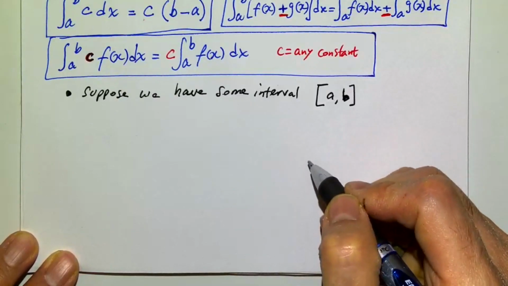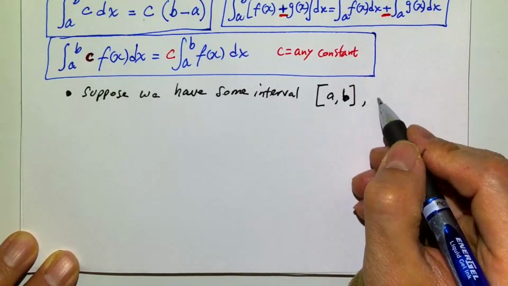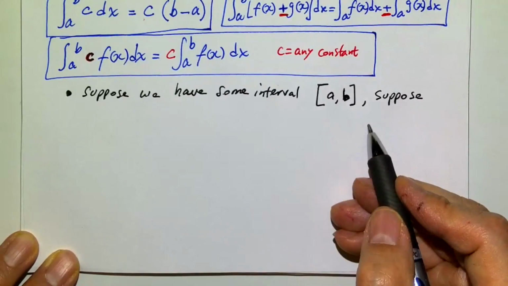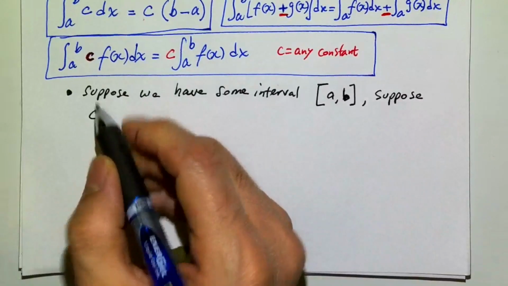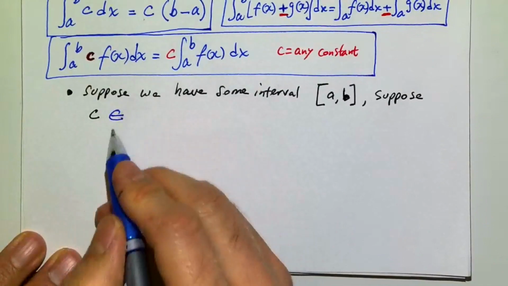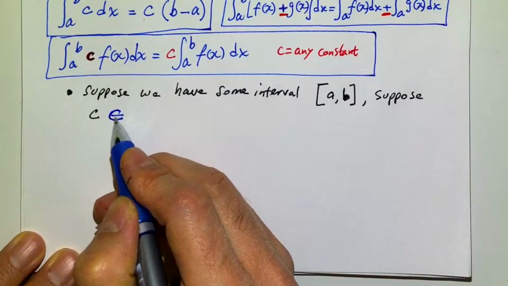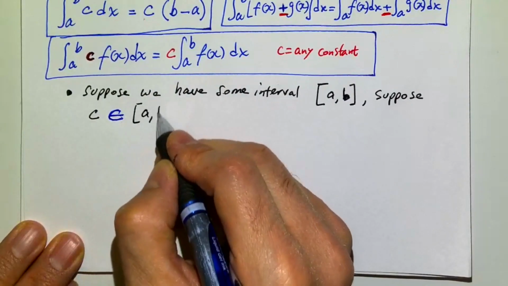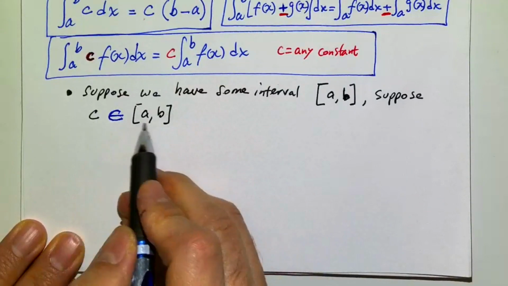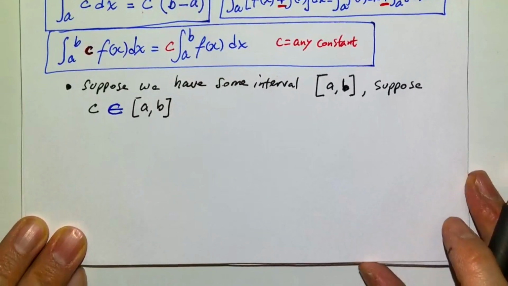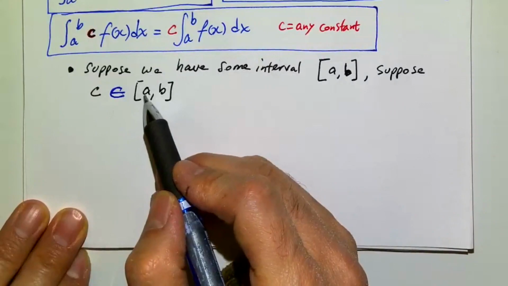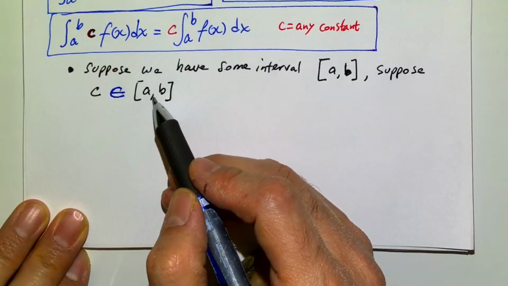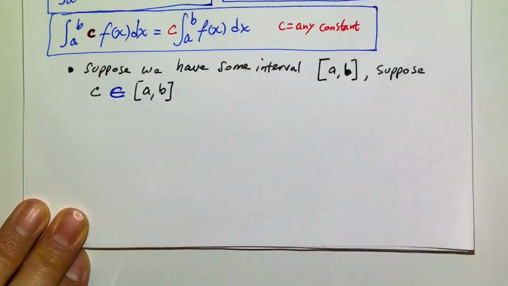A comma b. And let's suppose that c is some number in this interval. Suppose c belongs to, that's the mathematical notation for belonging to a set, c belongs to this interval a, b. So c is somewhere between a and b, right? Because a is the lower limit, b is the upper limit. So if c is in this interval, it has to be between a and b.